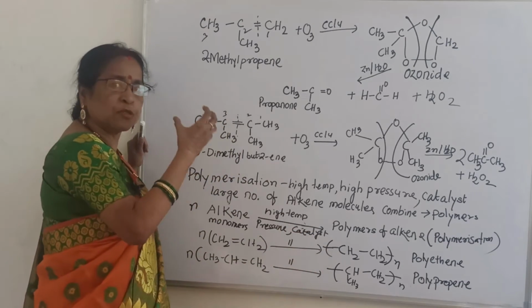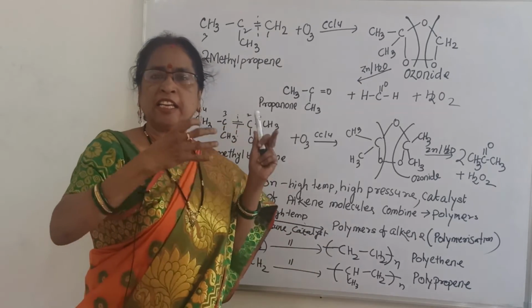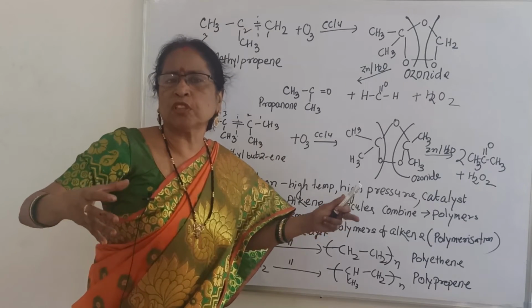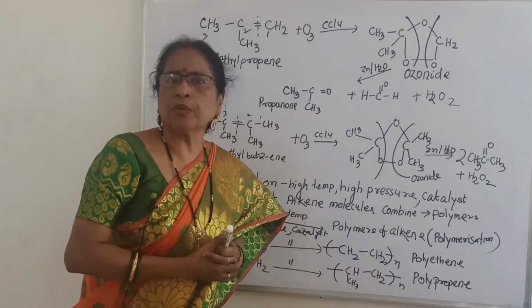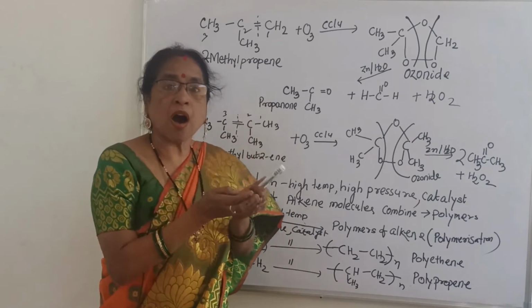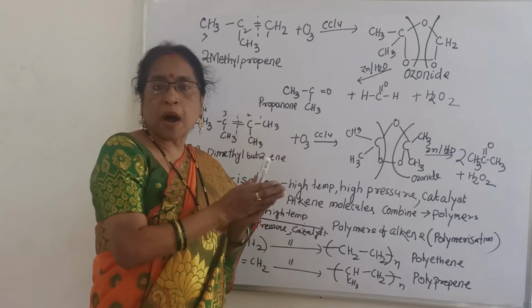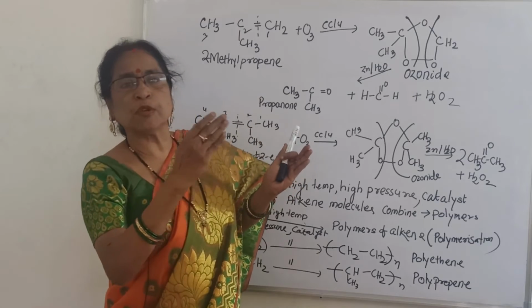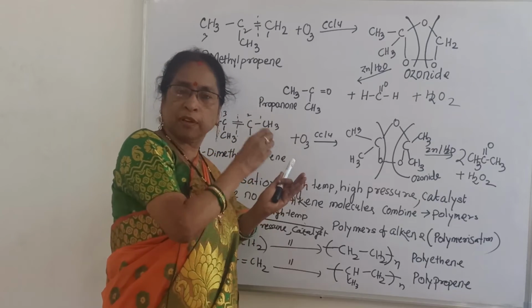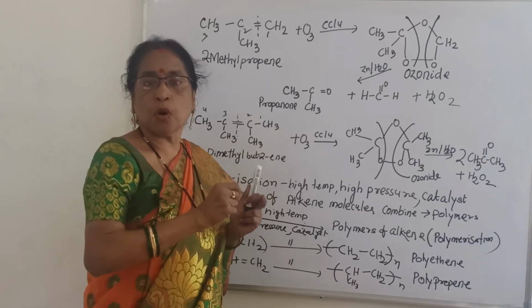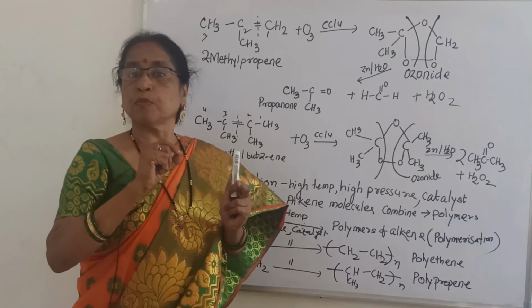Suppose n is 1000, you can't write such a big formula. So you put it in brackets, which is a part of the polymer. You can't put the beginning or the end, the first one and the last one, only a part showing what molecules should be present.